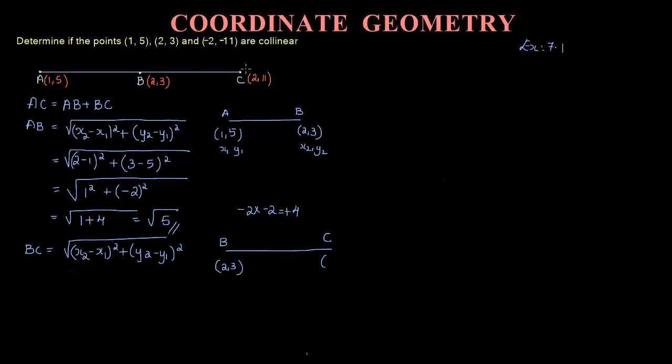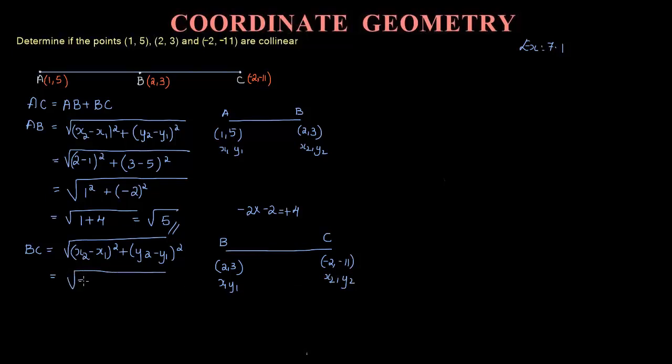Okay, so here also just change it to minus 2 and minus 11. So what are the coordinates of C? It is minus 2 and minus 11. Let's just write what is x1, y1, then x2 and y2, right? Substitute in the formula. What are you going to get?